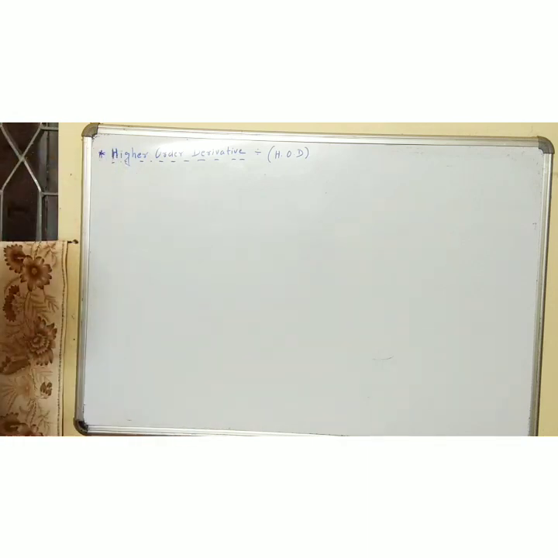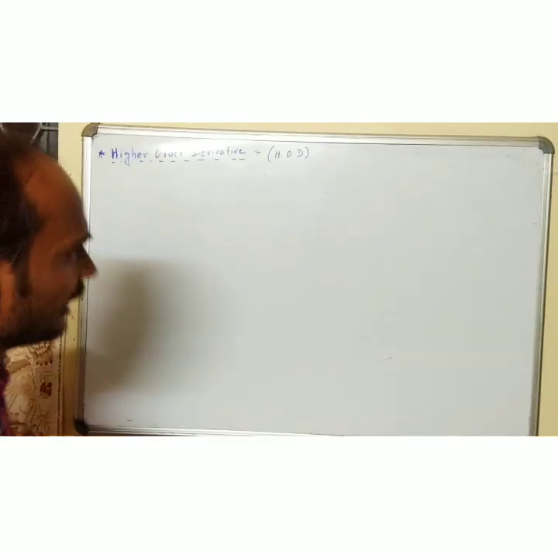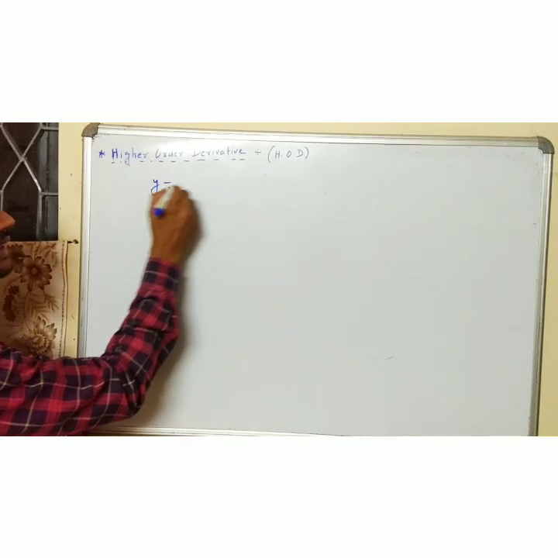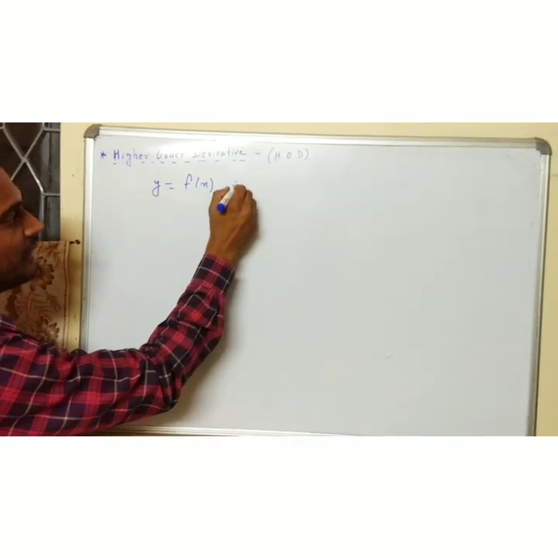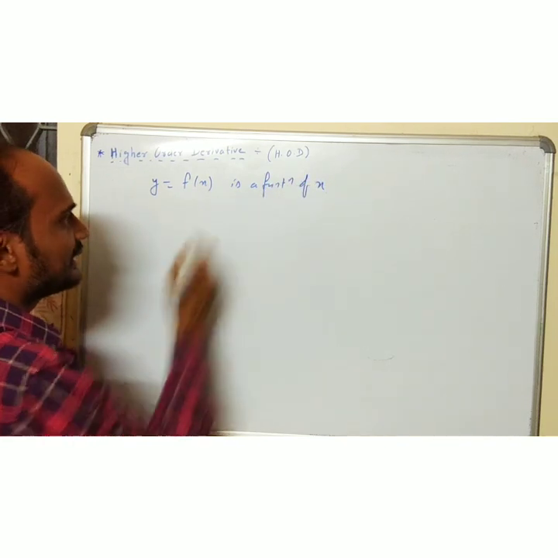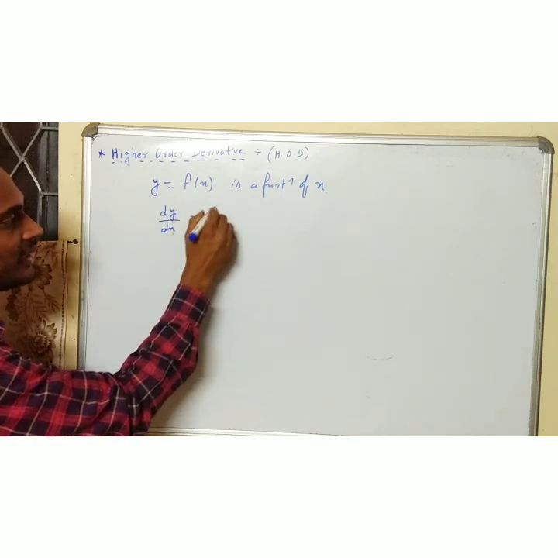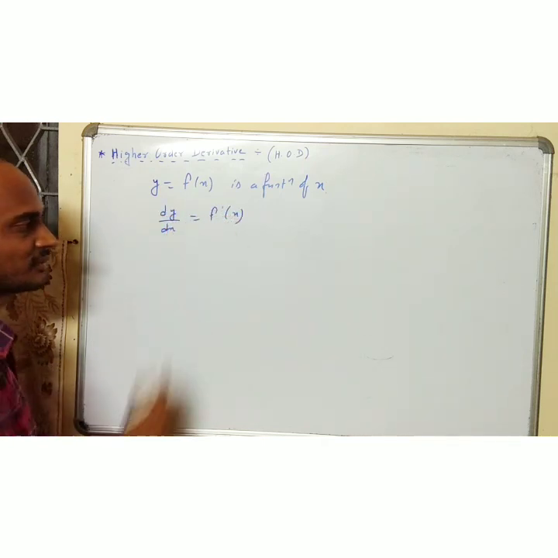Let us now understand what is the meaning of higher order derivative or successive differentiation. Suppose y equals f(x) is a function of x, and it is differentiable at point x. Then the derivative of this we will write as dy by dx, and we can denote this as f dash of x also.